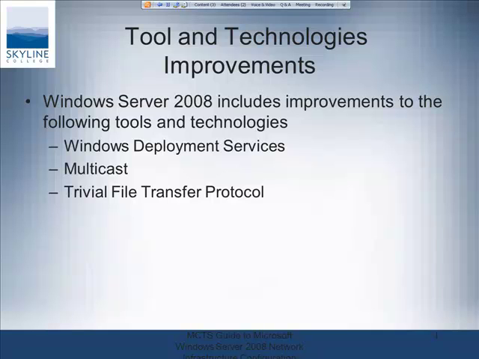The 2008 improvements: the Windows Deployment Services, which was available in Server 2003 Service Pack 3. Multicast, and the PXE that I've got set up, I set up as a multicast environment, which means that it's sending it out to everybody that's connected to it.